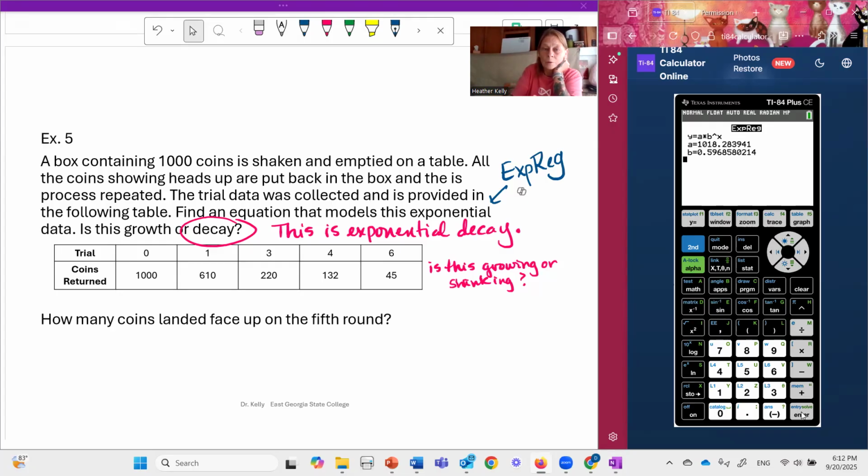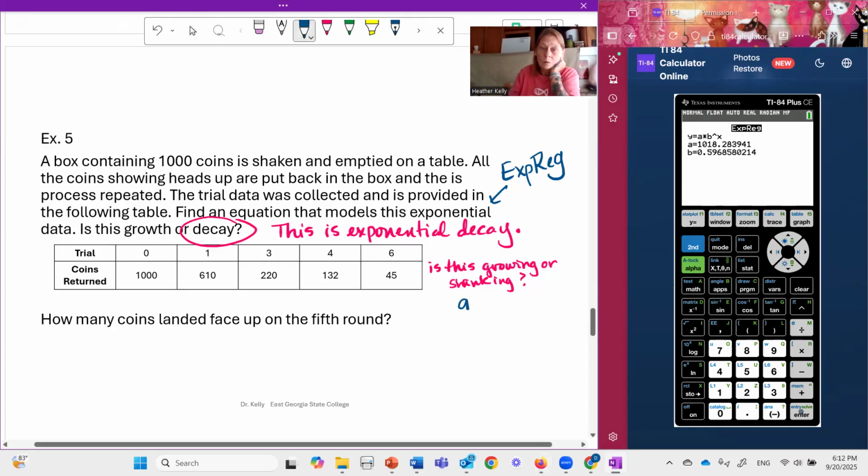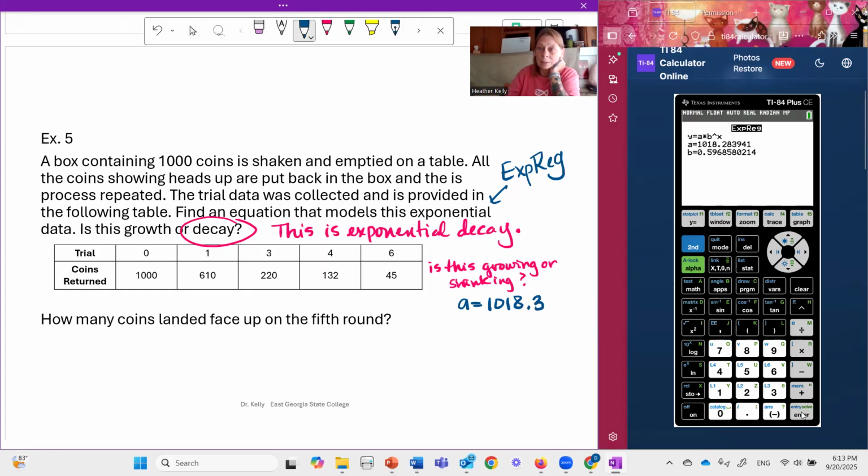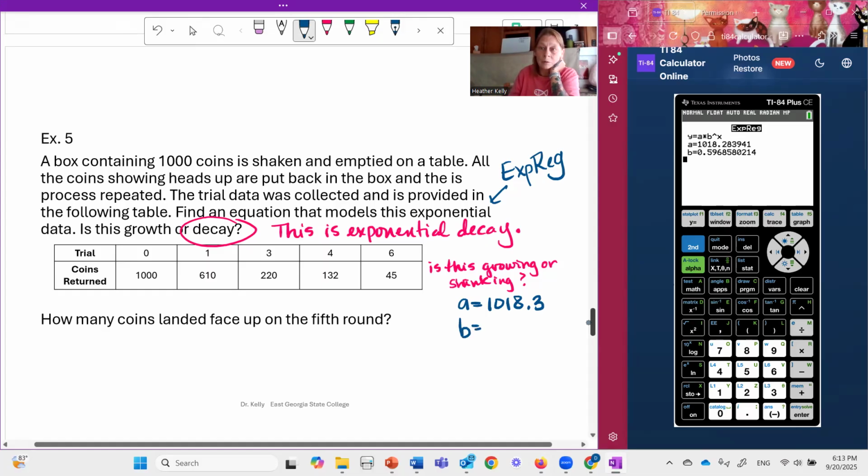And here we go. Now we only need one decimal place here. So our A is equal to 1018.3 because the 8 makes the 2 round up, and our B is equal to 0.6. We only need one decimal place.